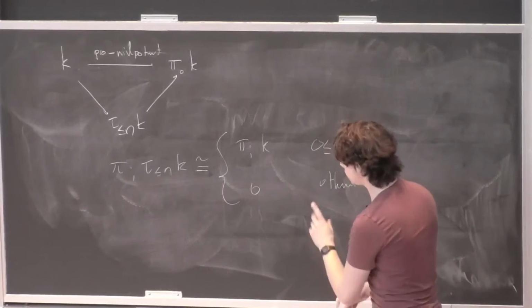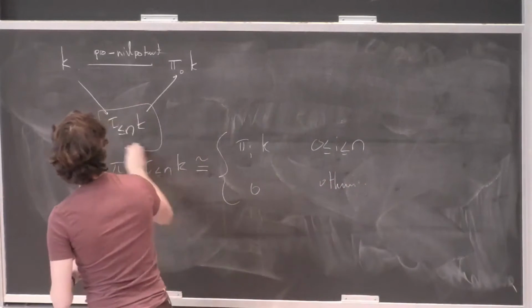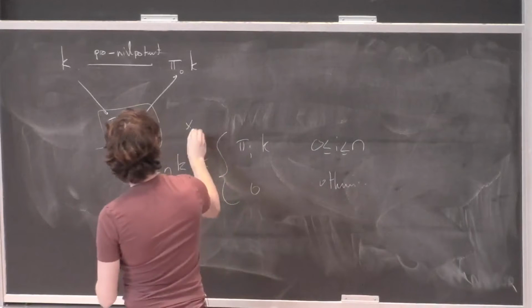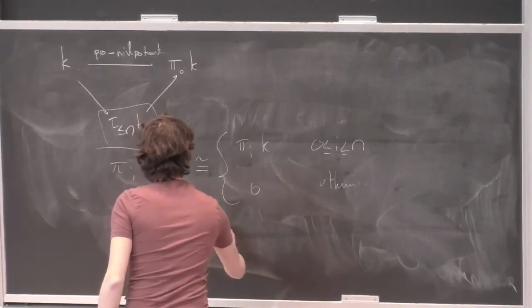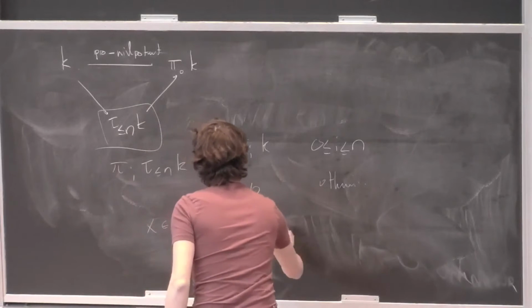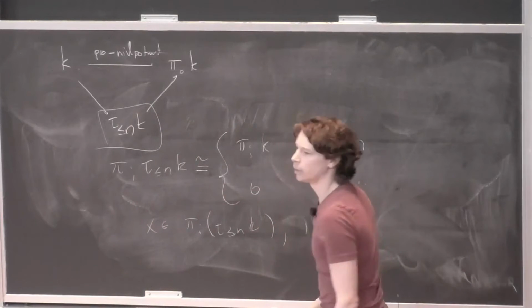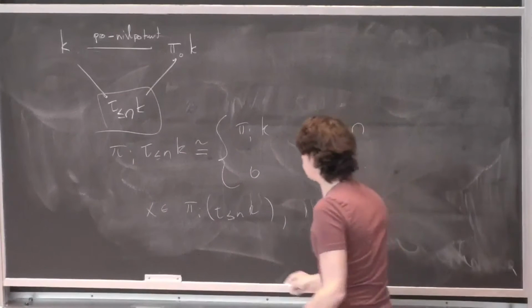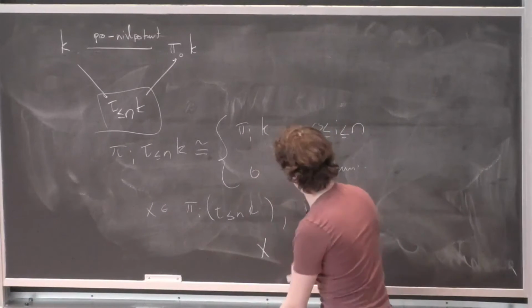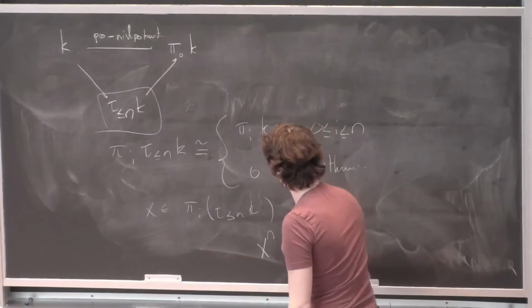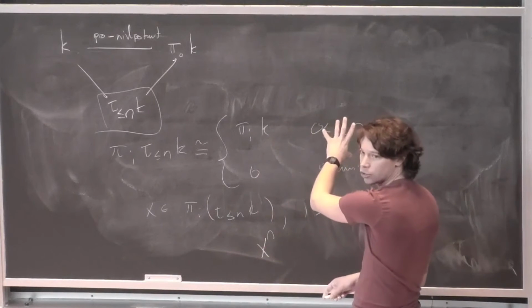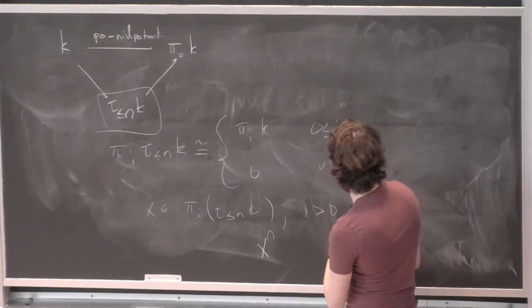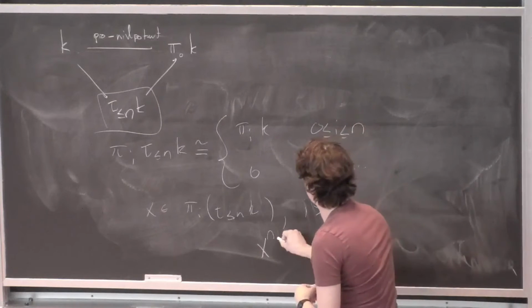Okay? So let's think about this guy. Take a positive degree element. So if I take x in pi i of tau less than or equal to n K, where i is more than 0, well, what do I know? I know no matter what, x to the n has degree n times i, so it's outside of this range now. Or maybe I had better do n plus 1.